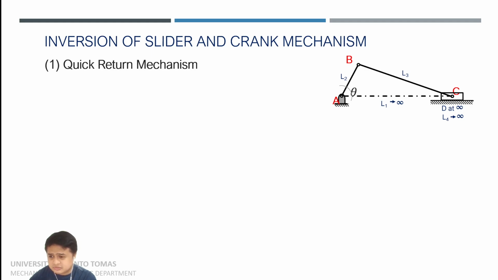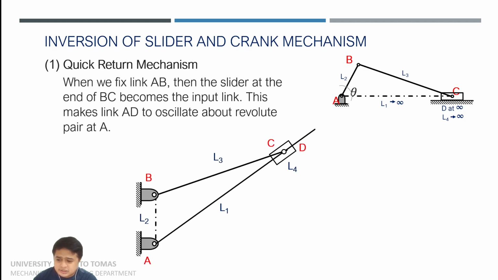An inversion of the slider crank mechanism is the quick return mechanism. The first thing about this quick return mechanism is we have to take note of the connection between L1 and L3 and L4.